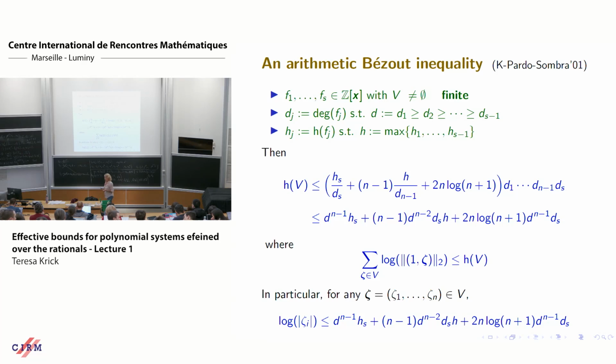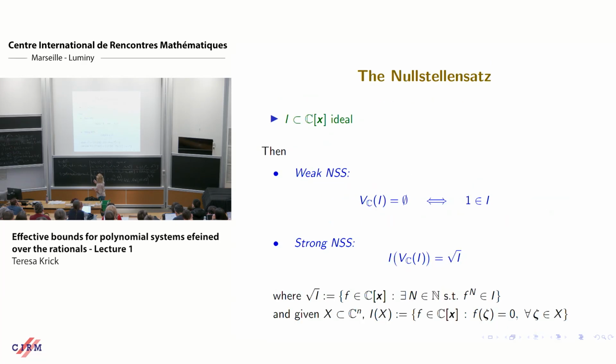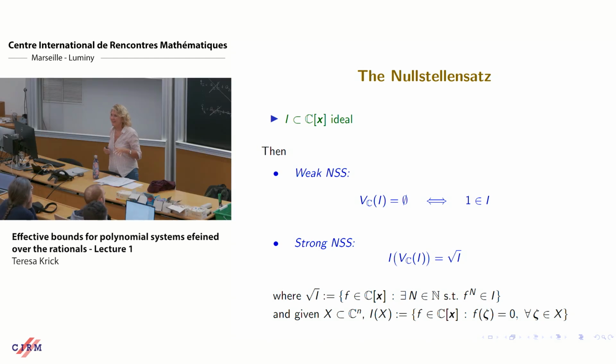Nullstellensatz. One of the most beautiful theorems in algebraic geometry, at least for me. I don't know if you agree. It's kind of the key ingredient in algebraic geometry, used in so many ways. What does it say? If we have an ideal I in C[X], the Nullstellensatz, everybody knows it?